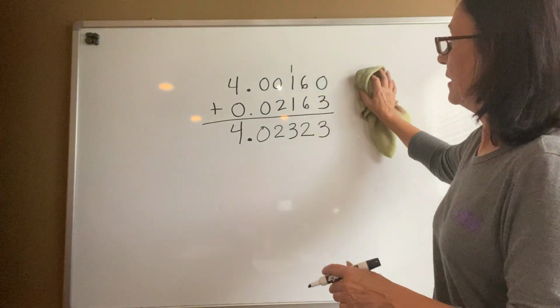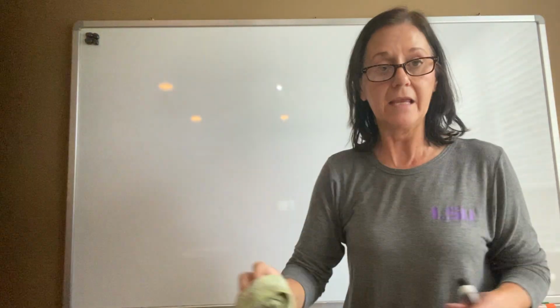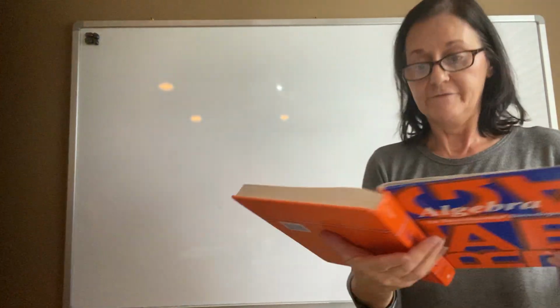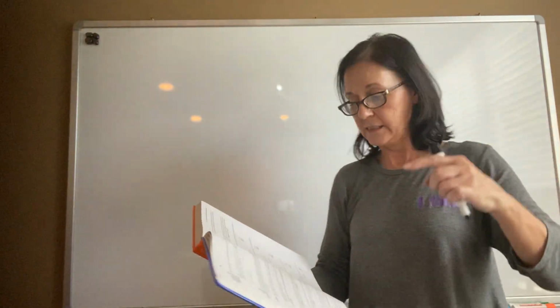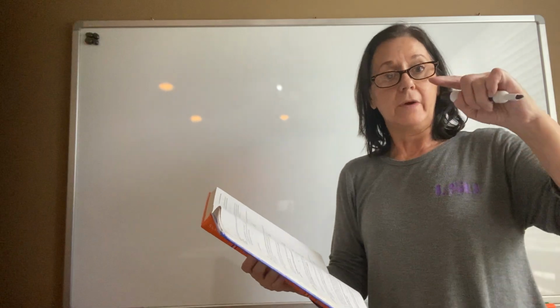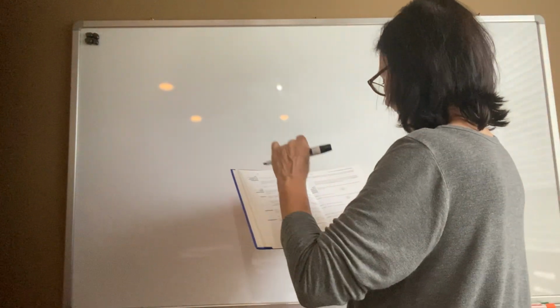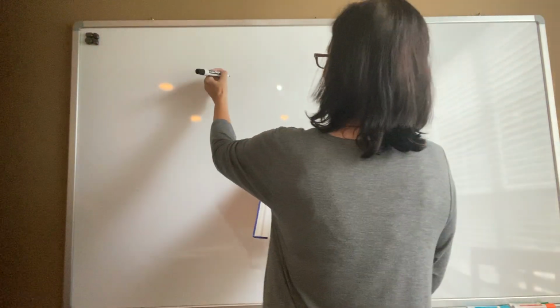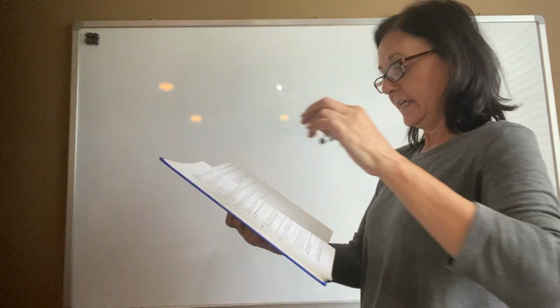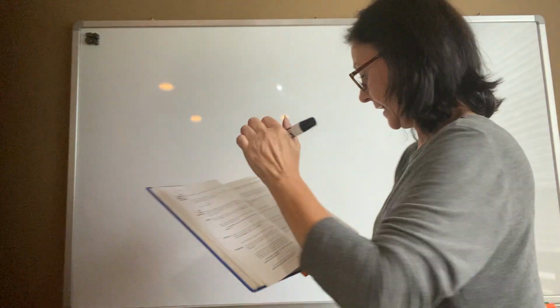Subtraction is the same thing. Subtraction, it's even more important that we have the same number of decimal places. So remember, it's minuend minus subtrahend. The subtrahend and the minuend have to have the same number of decimal places. So it says subtract that from that. So the minuend is the 4.0016.